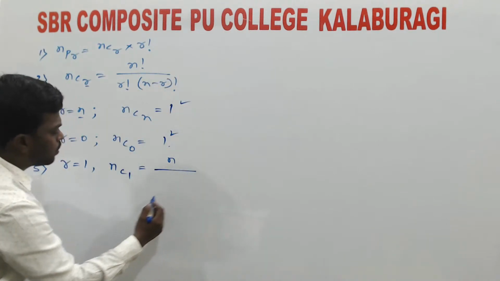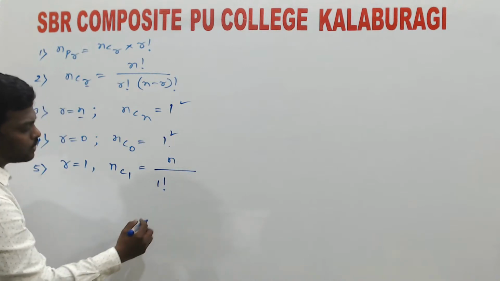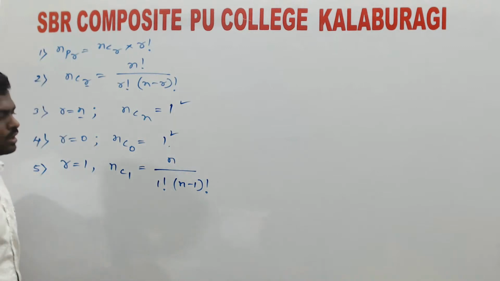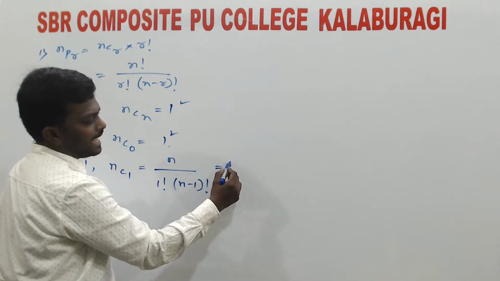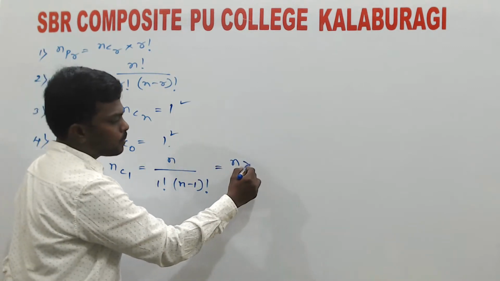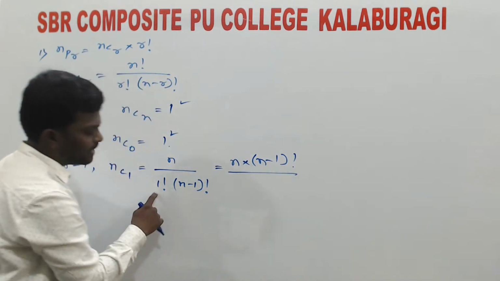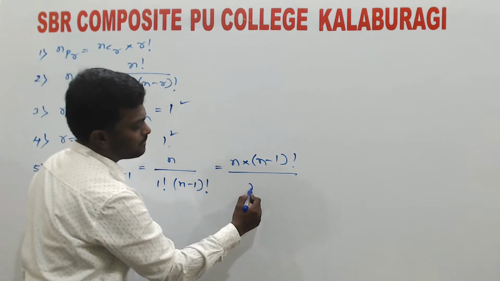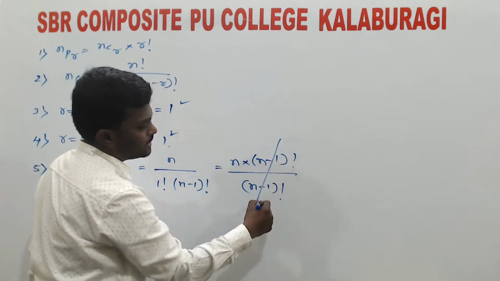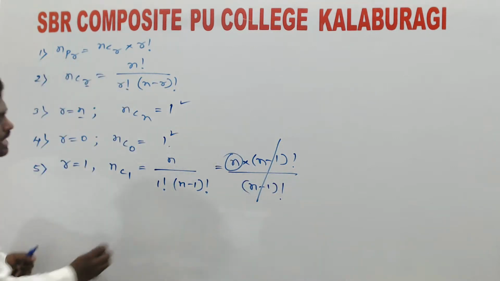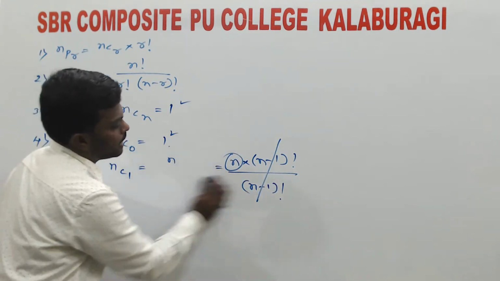So n factorial divided by 1 factorial, (n minus 1) whole factorial. Now I can write n as n into (n minus 1) factorial upon 1 factorial, which is 1. Keep (n minus 1) factorial as it is, these two get cancelled, and what we are left with is n. So nC1 is equal to n.